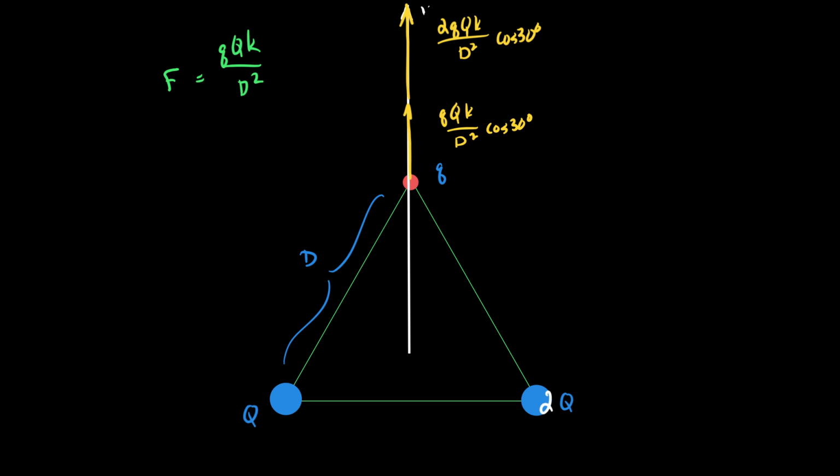Right, those are the two components in that direction. And I would have to add those together. So if I add those together, I think I'm getting 3 root 3 over 2 qk over d squared in the y hat direction.